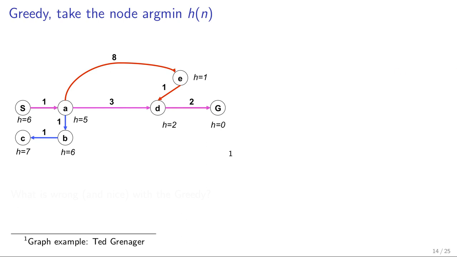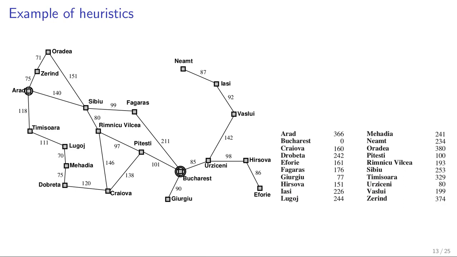We can also look back here. Imagine you're going from this town, Iași, to Făgăraș. You're in Iași.